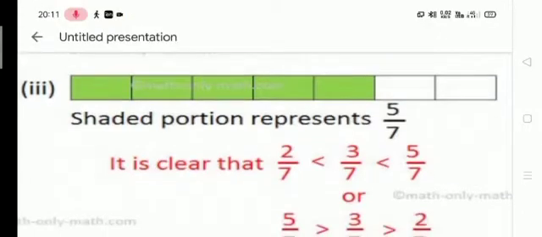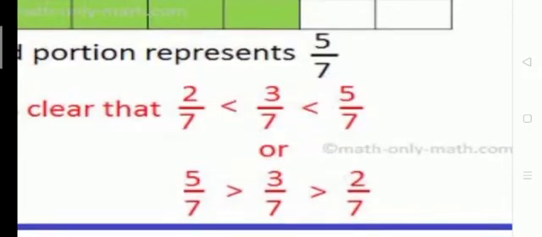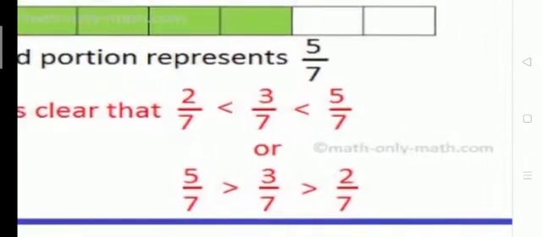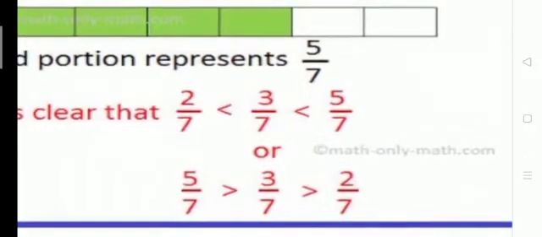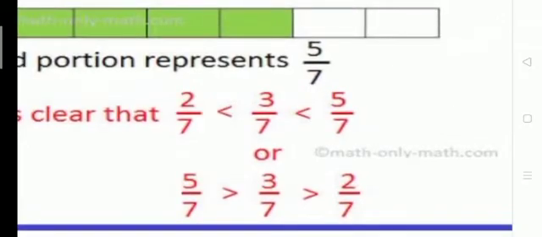And if we use the greater than symbol, then it is 5 by 7 is greater than 3 by 7 is greater than 2 by 7. This is the decreasing or descending order in which the greatest fraction is written first and the smallest fraction is written in the last.